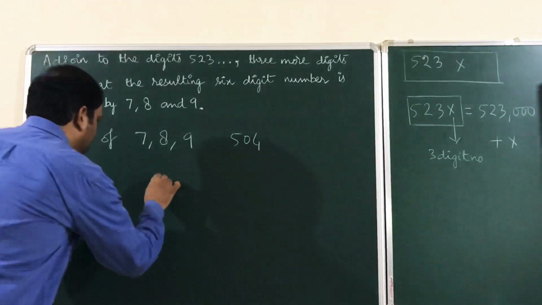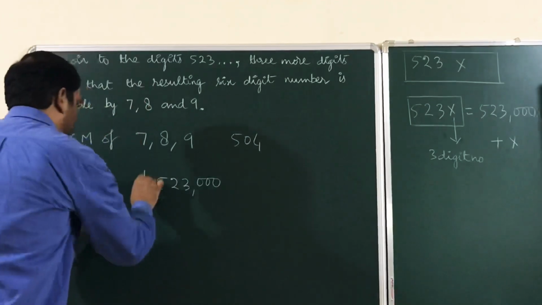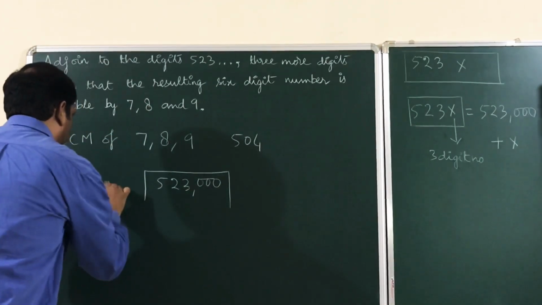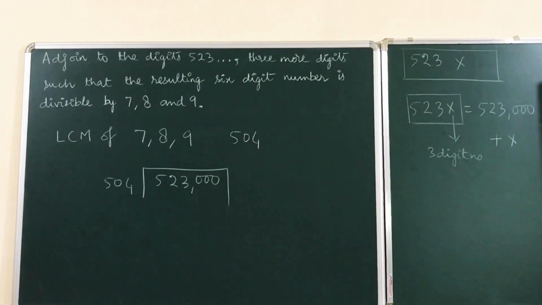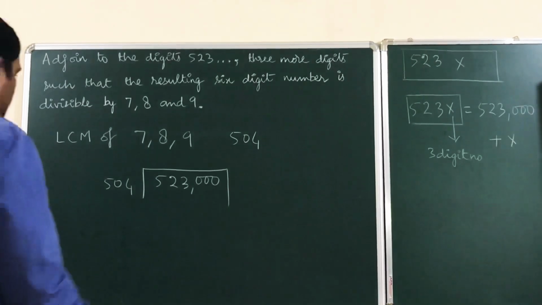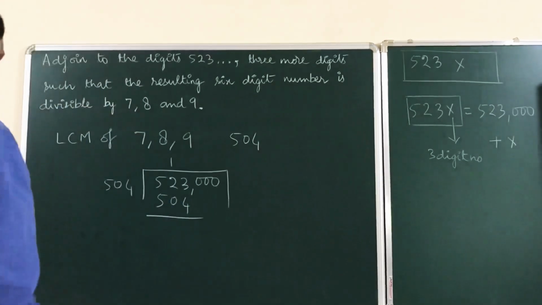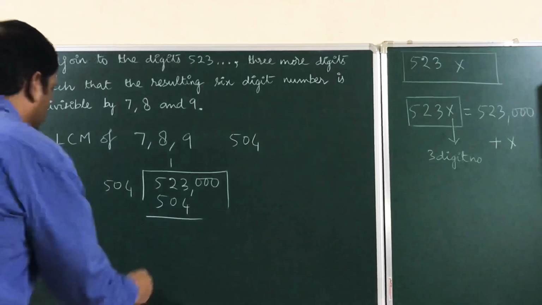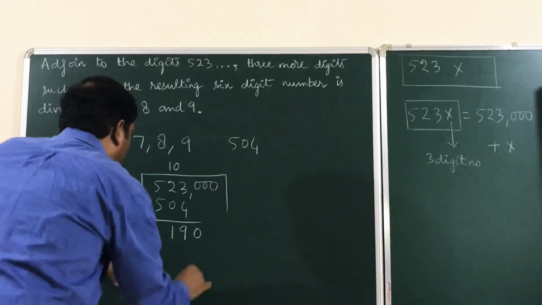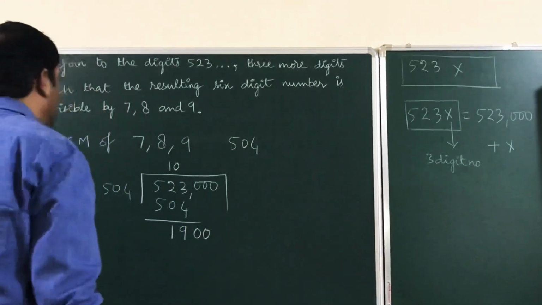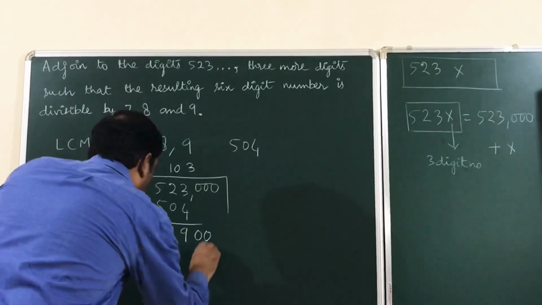So we will divide this 523000 by 504. So this will be 1504, and if I subtract it, you will get 19, add a 0 there, one more 0, and you see this is 3 times it will go. So 3 4s are 12 and 15.